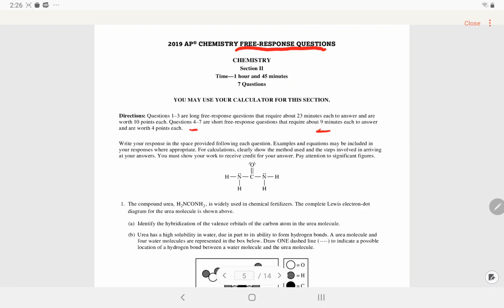So my bet is, in order for them to be fair, since we've covered so much material throughout the year, they'll probably lean more towards the short free response style of questions to cover more content versus a long free response that would limit the amount of content they can ask on this 45-minute exam. So it'll be interesting to see how they do that.